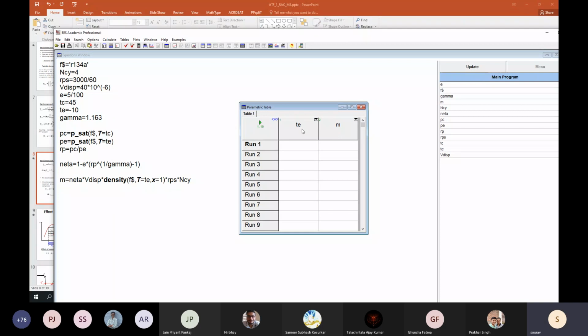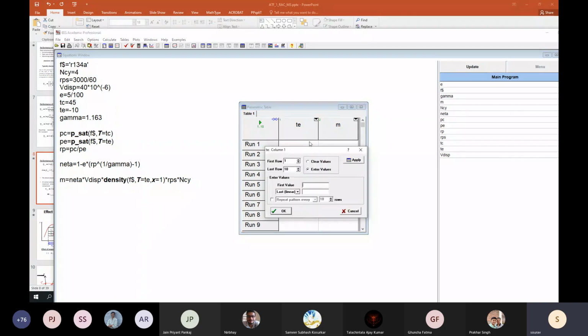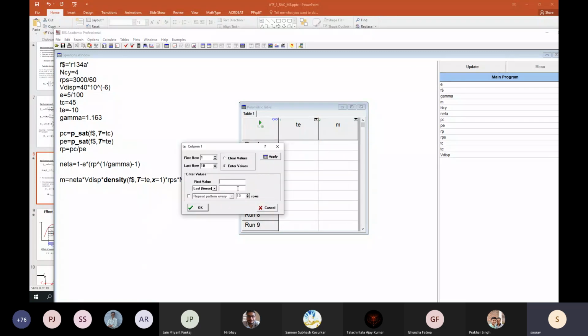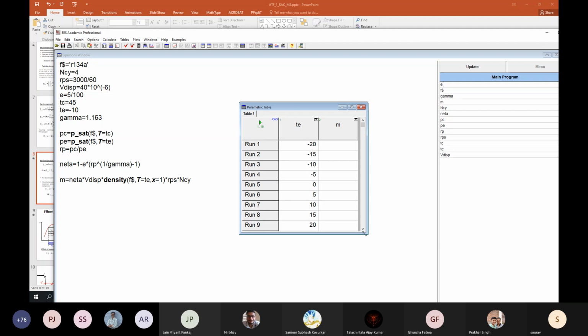And then you want to vary the T evaporator. So right click and then get this alter variables. Let's say I want to go from -20 at an increment of 5 degrees C and 10 rows are there. So it will create this. Now it will solve this code and fill up the mass flow rate column. But then you have already specified the evaporator temperature over here.